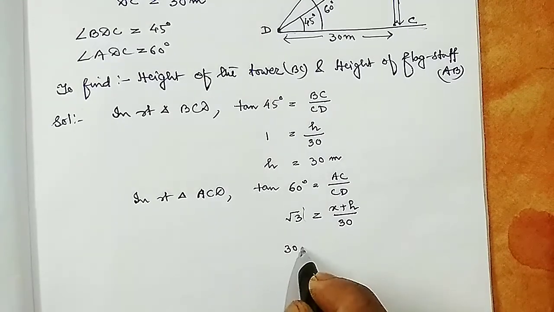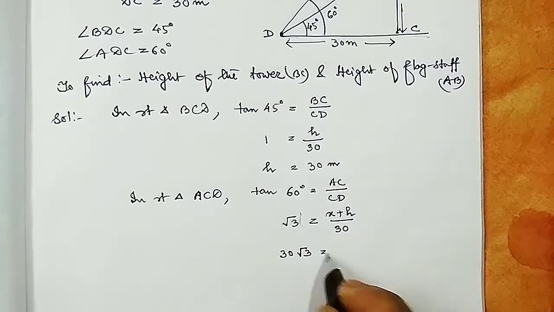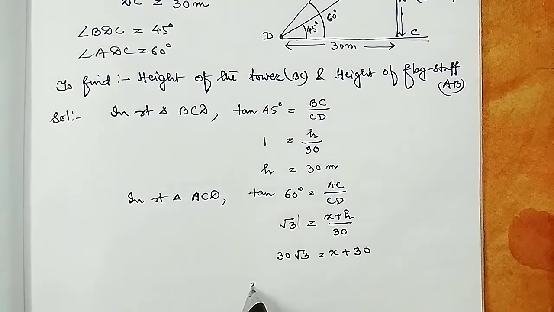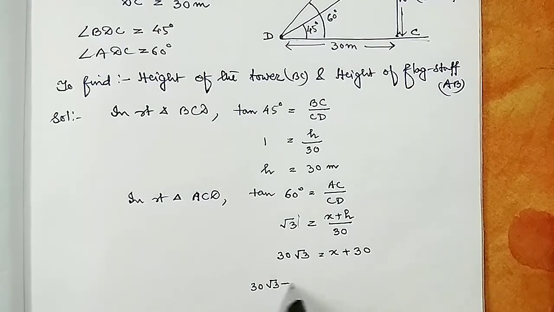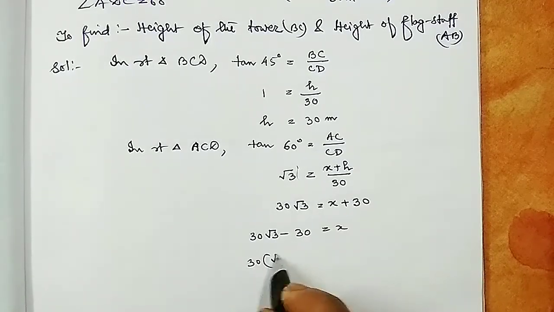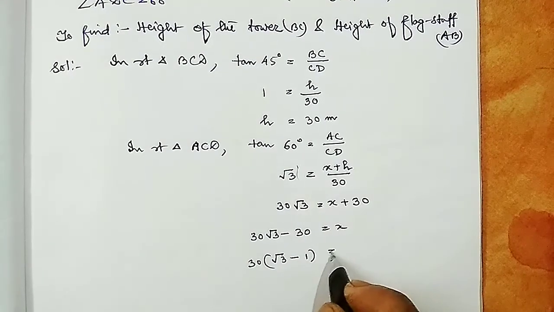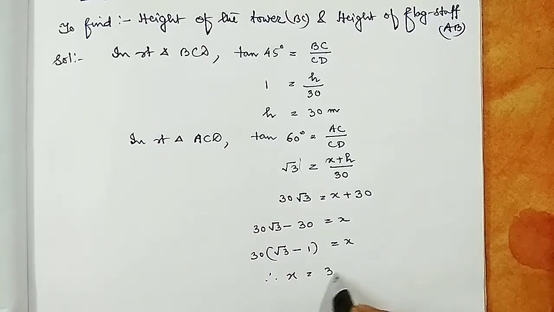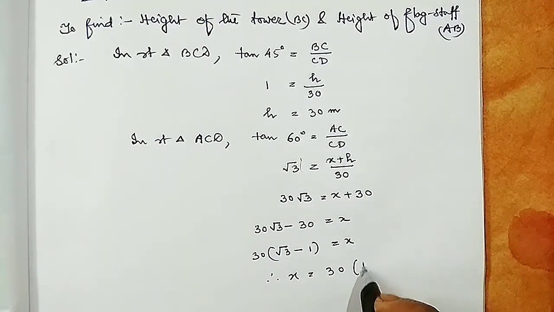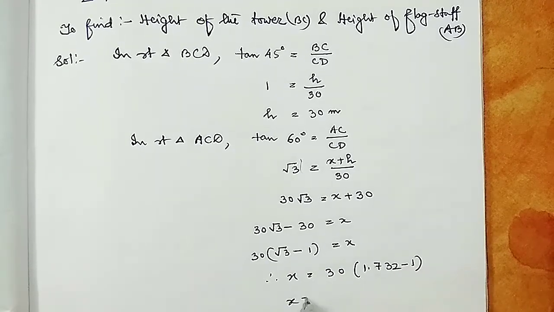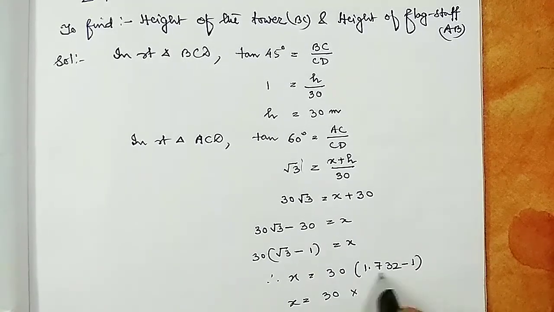So 30√3 equals x plus h. h is 30. So 30√3 minus 30 equals x. If I take 30 common, I am left with √3 minus 1 equals x. Therefore x equals 30, within bracket value of √3 is 1.732 minus 1. So x equals 30 into, if I subtract, I am going to get 0.732.